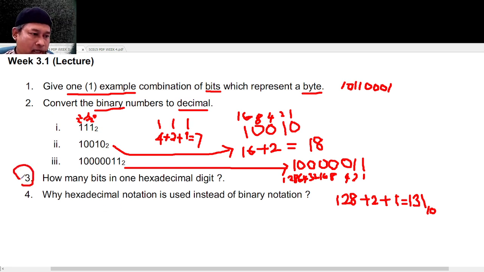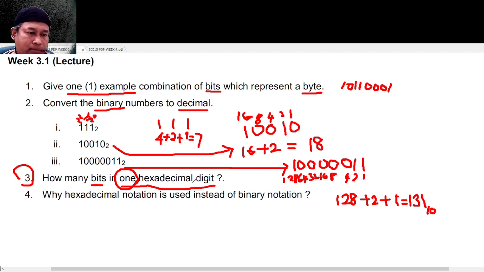Okay, next question number 3: how many bits in one hexadecimal digit? Okay, one hexadecimal digit, only one. You must remember only one. Okay, so how many bits? Remember that to represent a character is 8 bits.